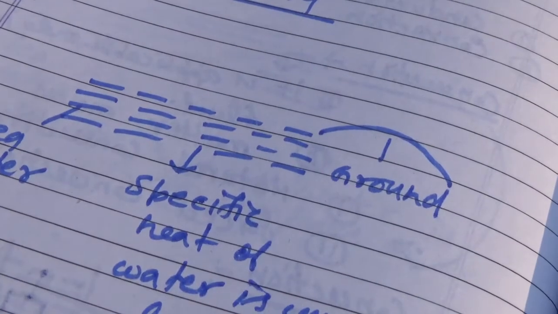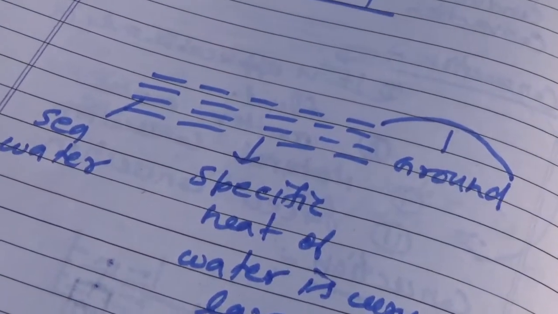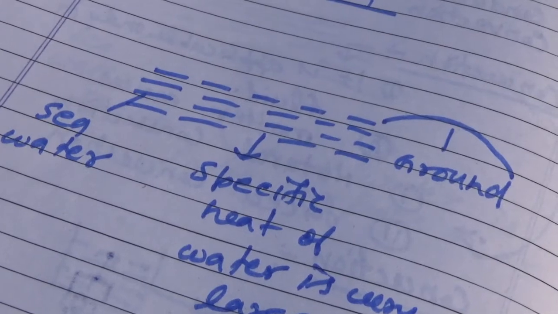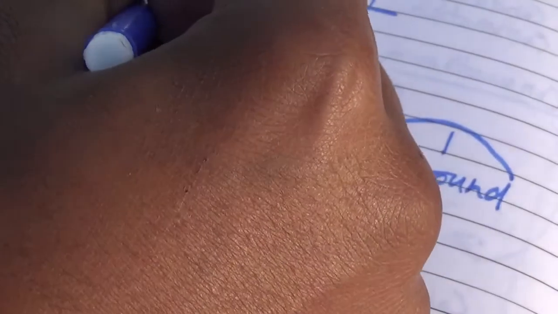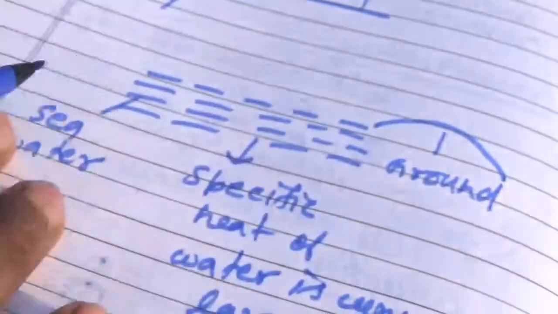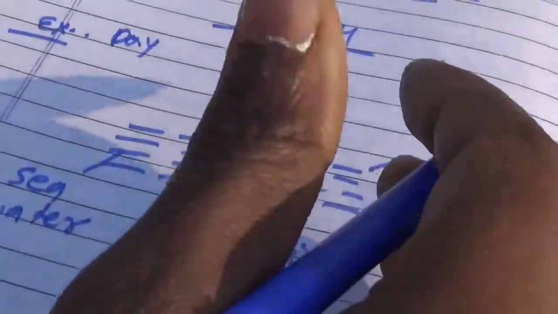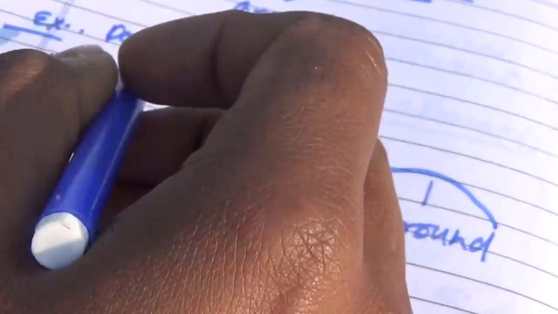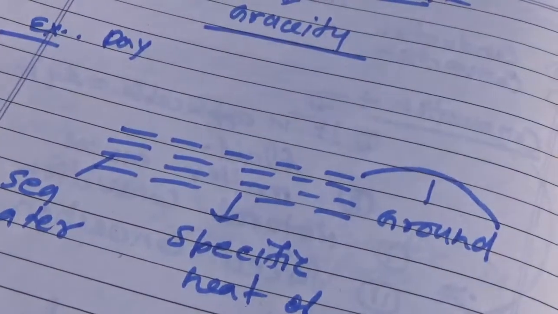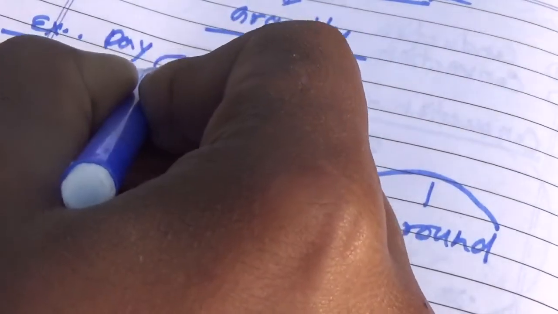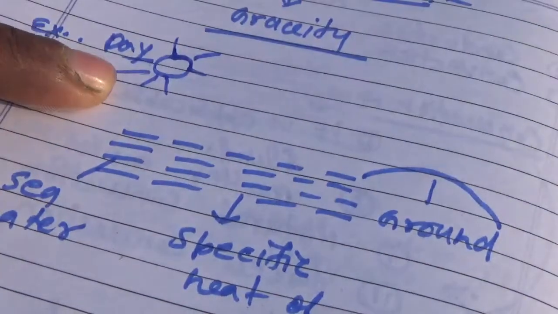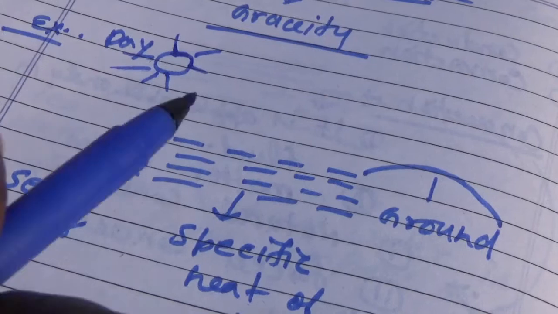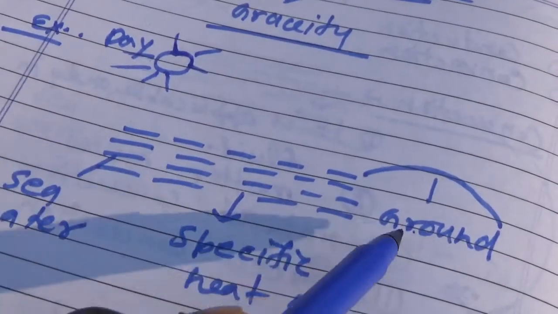When the specific heat of water is very large, then in the day, as we see in our everyday life, the sun rises and supplies heat energy to both this sea water and the ground.